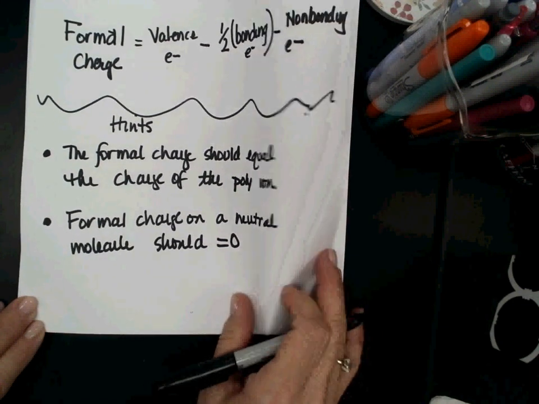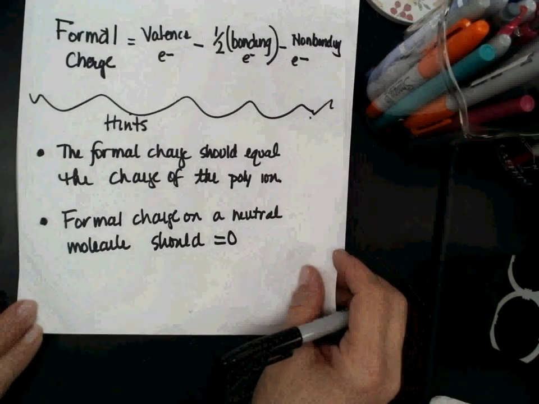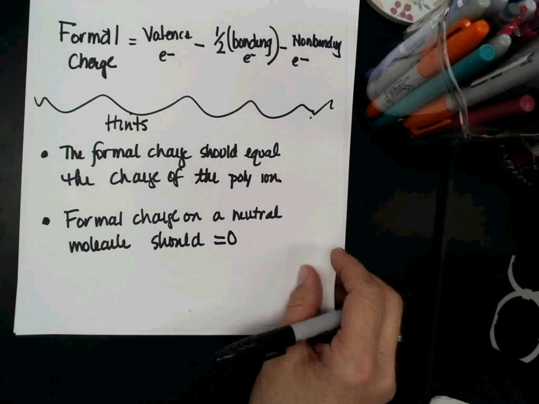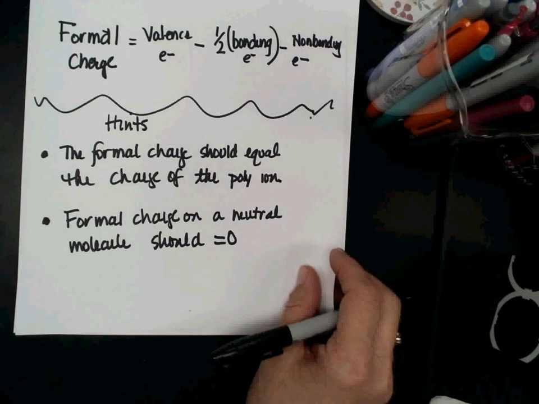And then we're going to talk about how do we find the dominant Lewis structure, because you're going to have to be able to draw multiple structures and figure out which one is dominant.